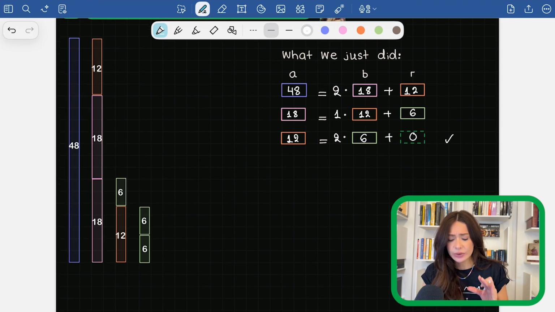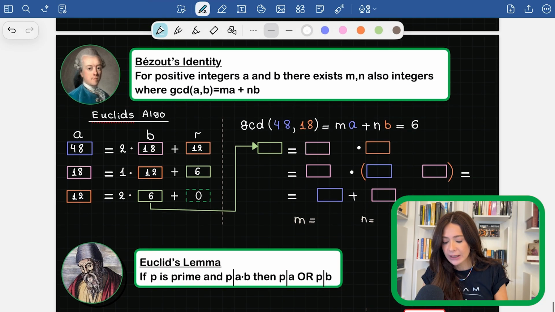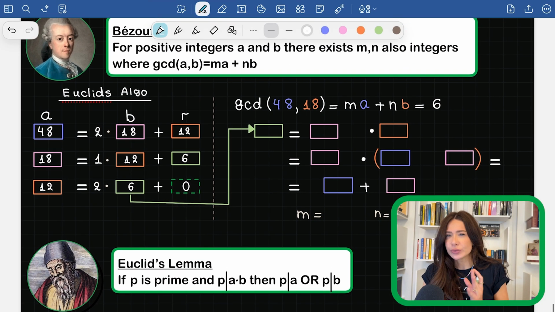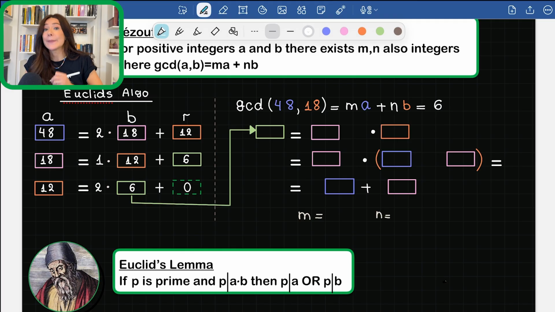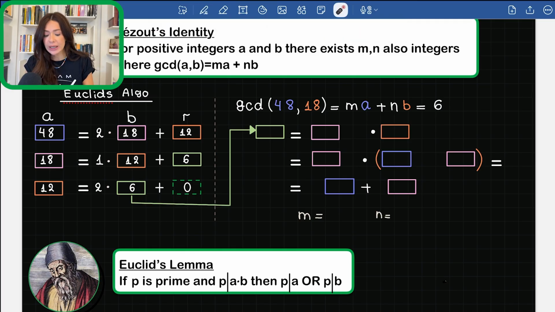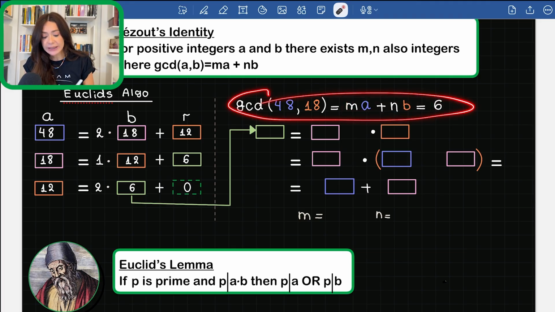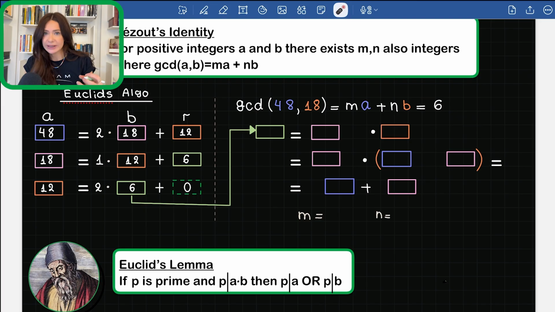Now, I will show you that Bézout's identity is nothing but running Euclid's algorithm backwards, okay? And interestingly, this is Bézout's identity. This is what we have discovered. He proved this identity, this theorem, for polynomials.